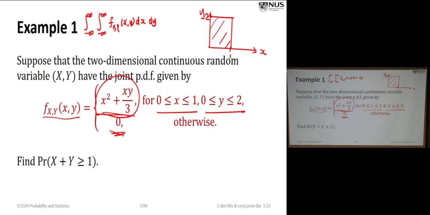After you complete the integration, there shouldn't be any x in the expression. You can only see y or just numbers, because after you integrate with respect to x, you shouldn't have any x anymore. So this whole thing is a function of y, and we just do the integration with respect to y.